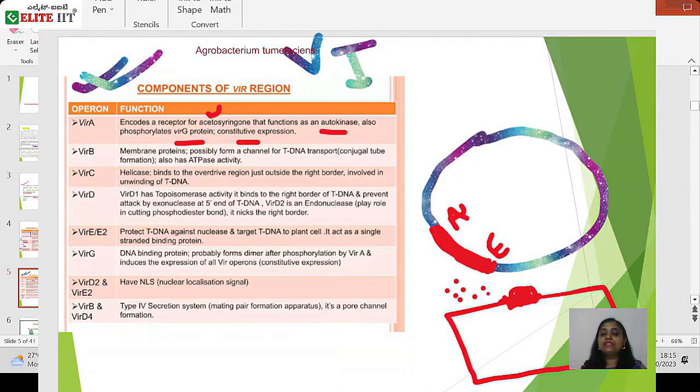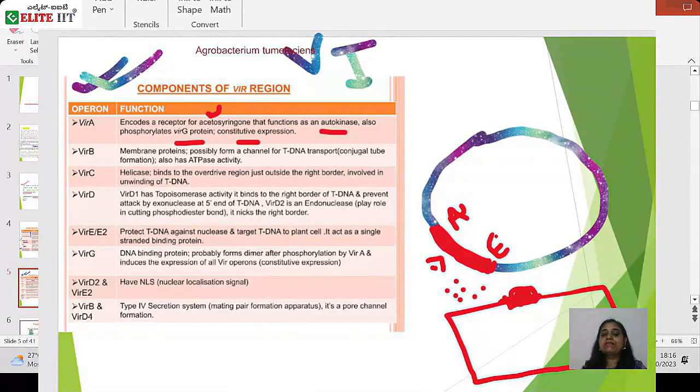These molecules are specially known as acetosyringone, a phenolic compound. This molecule will bind with the Vir receptor. VirA is expressing one receptor protein. Whenever it is binding with the receptor, this VirA is activated. Now VirA activated, it will activate VirG protein.